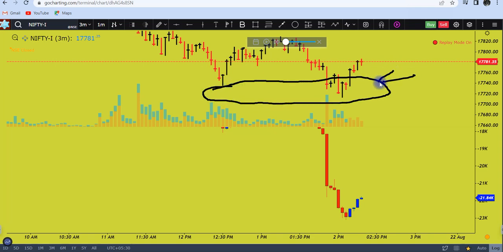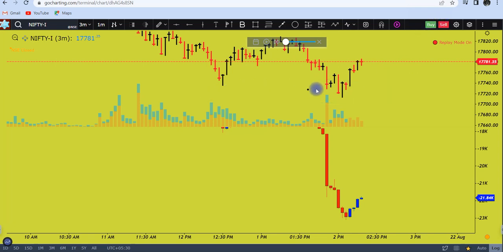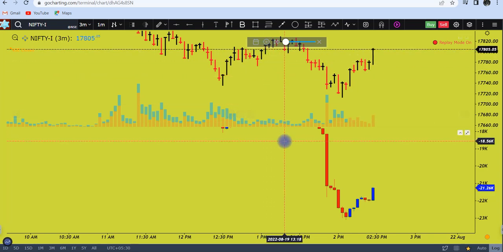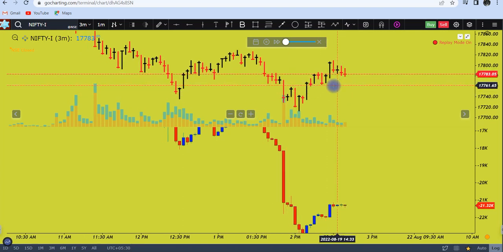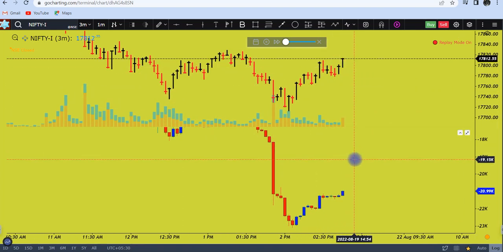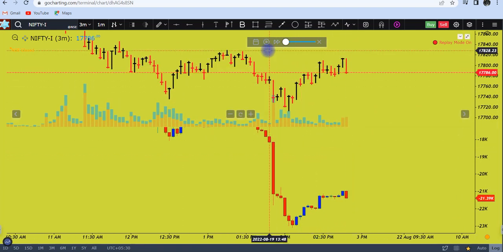Whether this someone will be able to take the market up or not is yet to be seen, but there is some sort of stopping volume coming in at this point. Let's go ahead. So we see the reduction in the selling pressure. This is something I really like to see.